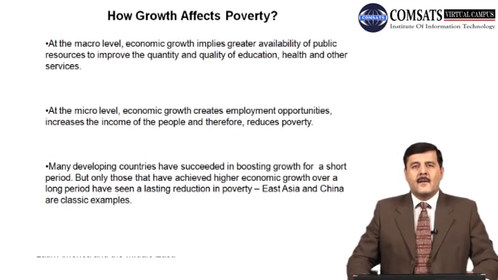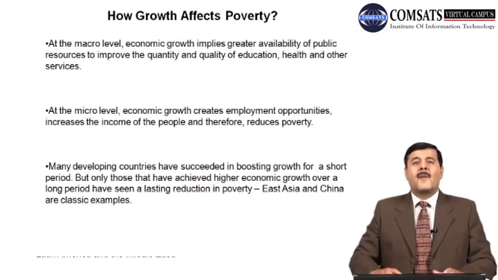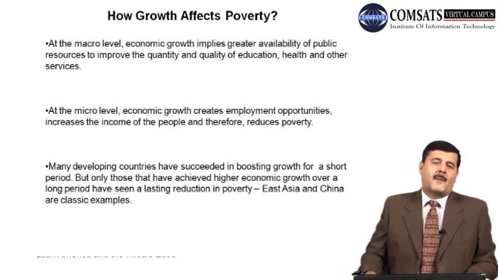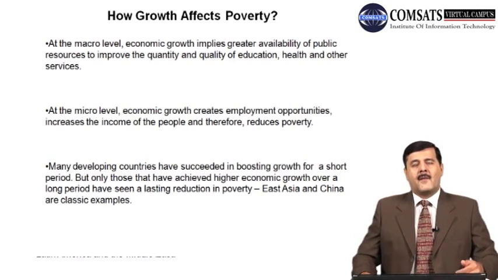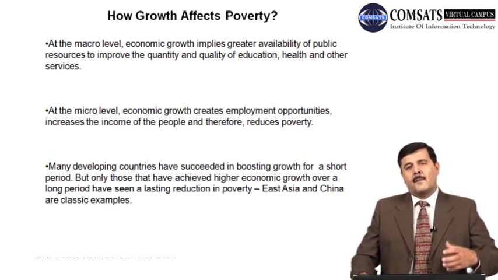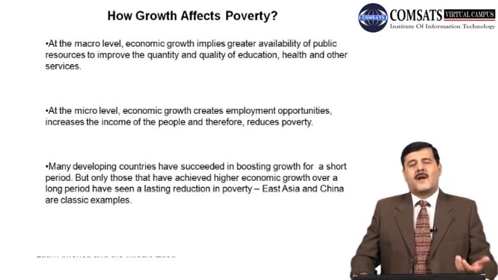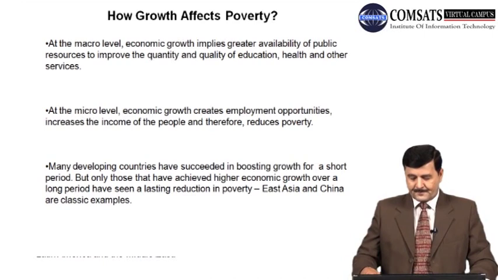Most developing countries boosted economic growth only for a short period, not the long term. But countries like those in East Asia and China maintained their economic growth for a longer time period, and that helped reduce poverty.